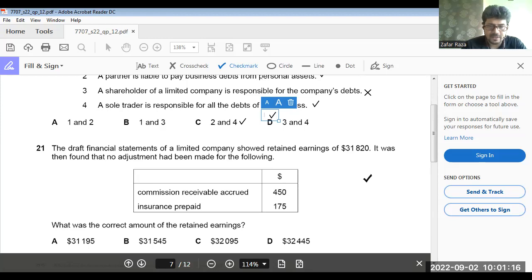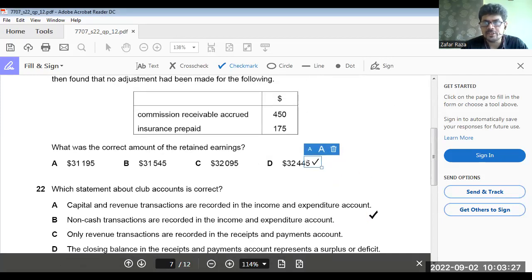So, 31,820 plus 450 plus 175, 32,445. That option is the answer.